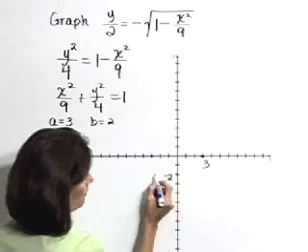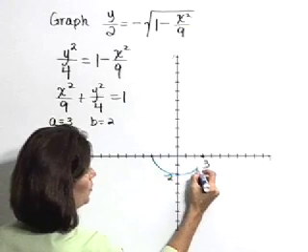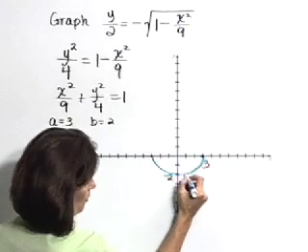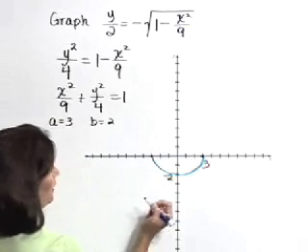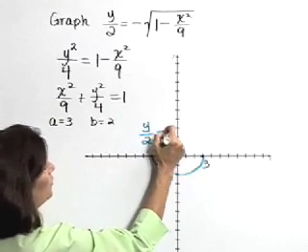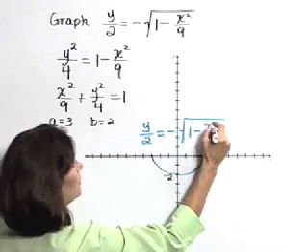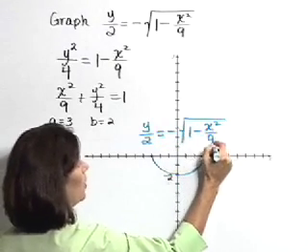Now let's sketch the bottom portion of it with a nice smooth curve. Okay. Here we see the graph of y over 2 is equal to a negative square root of 1 minus x squared over 9.